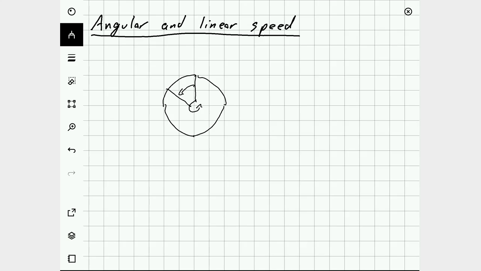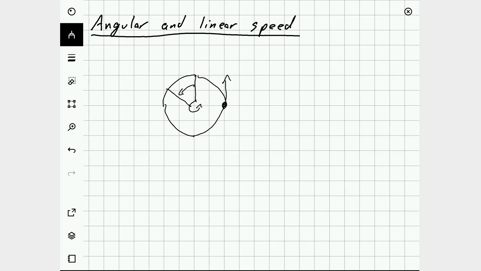And that's a useful thing to track because in rotation, points near the center are going to be moving slower and points near the edge are going to be moving faster so that the wheel stays in one piece as it rotates. And that's the other thing we need to track.